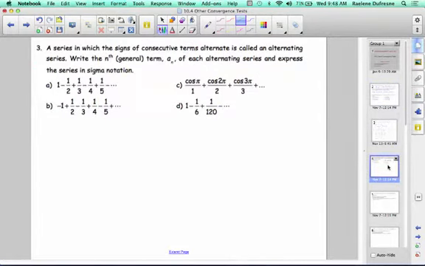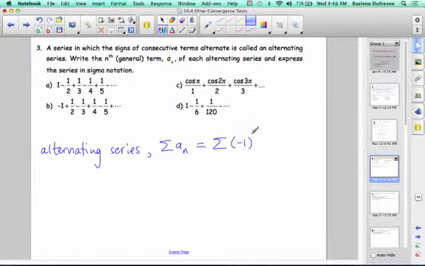In number 3, we have some alternating series, because a series in which the signs of consecutive terms alternate is called an alternating series. We are going to refer to an alternating series with the general term an as equal to some (-1) to the n or n plus 1 or some value here times bn.